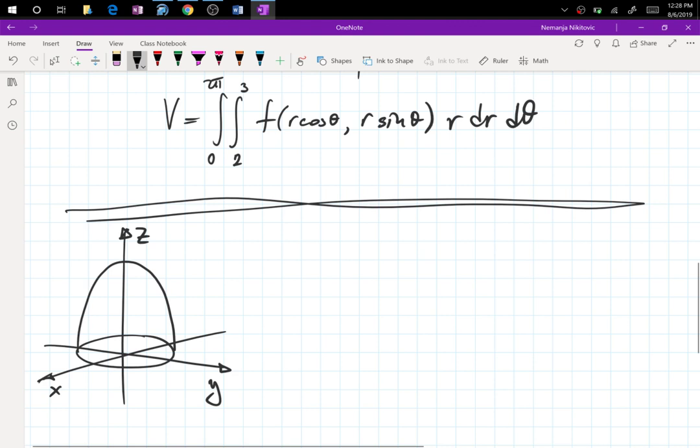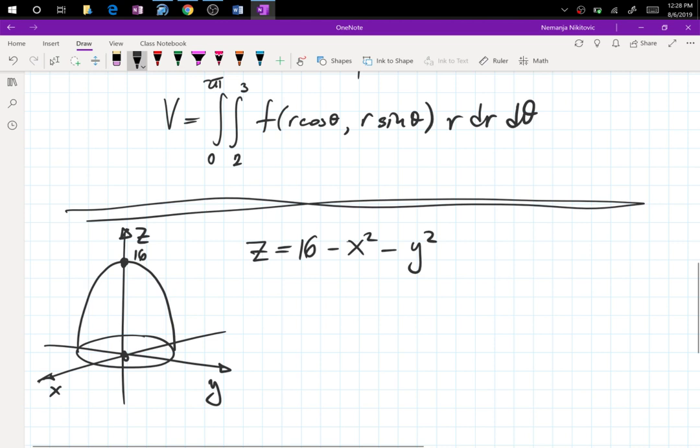You have an elliptical paraboloid. Let's say the height over here is, pick whatever, 16. And if it's a circle on the xy plane, so it's not elliptical, we would have this equation: z equals 16 minus x squared minus y squared.